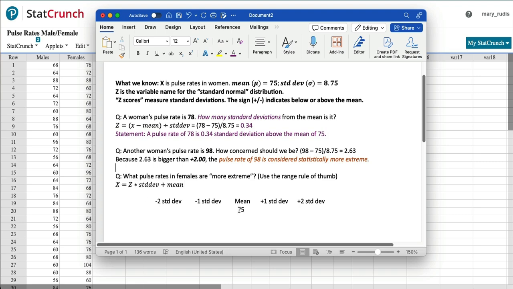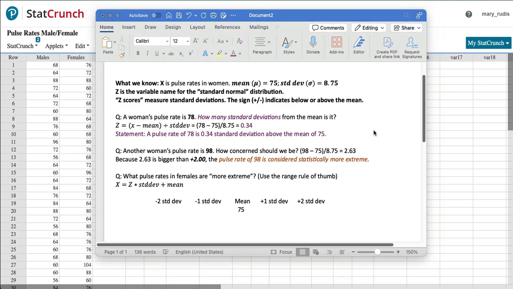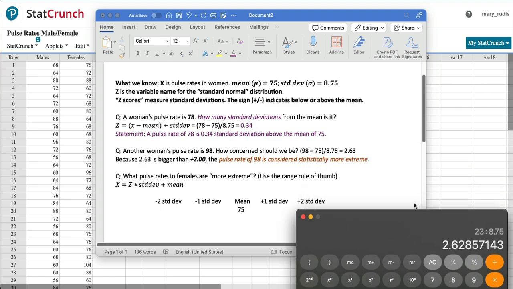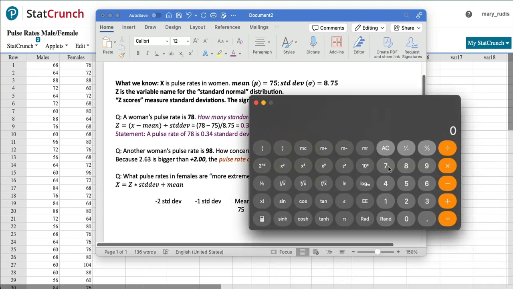Okay, we can do that in a moment, but let's figure out where our extremes are. So I'm going to pull my calculator over here and start with the mean of 75, and we're just going to add a standard deviation to that. So our standard deviation is 8.75, okay? So we're measuring pulse rates here.